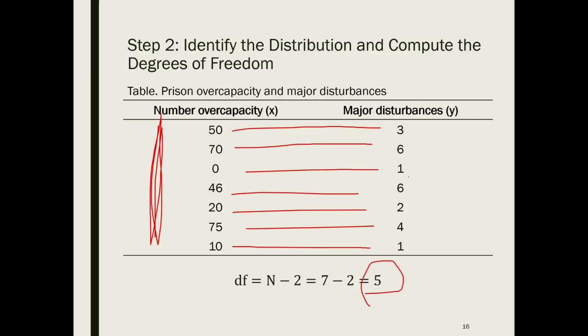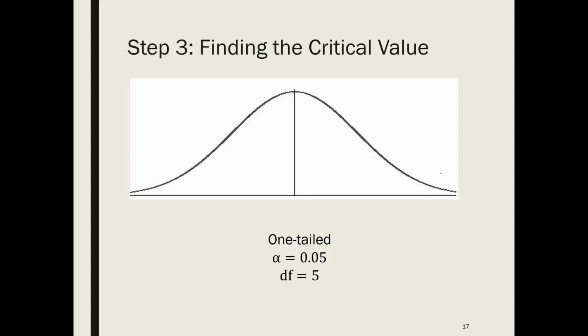Some people may get confused, like we have 14 numbers. Yes, we do have 14 numbers, but we only have 7 cases because each case produces 2 numbers. One is the number of overcapacity, second, the number of major disturbances, right?